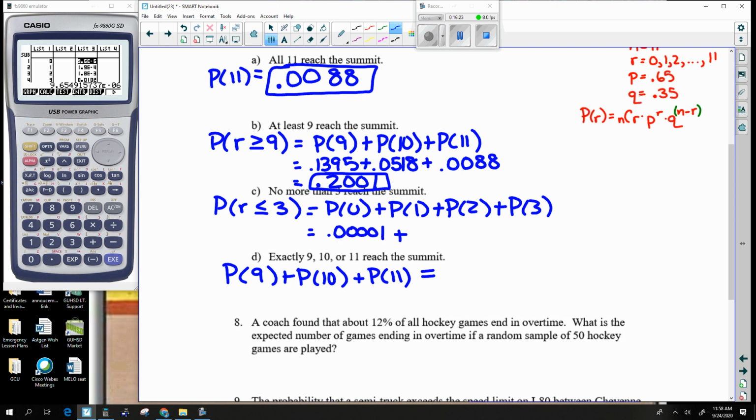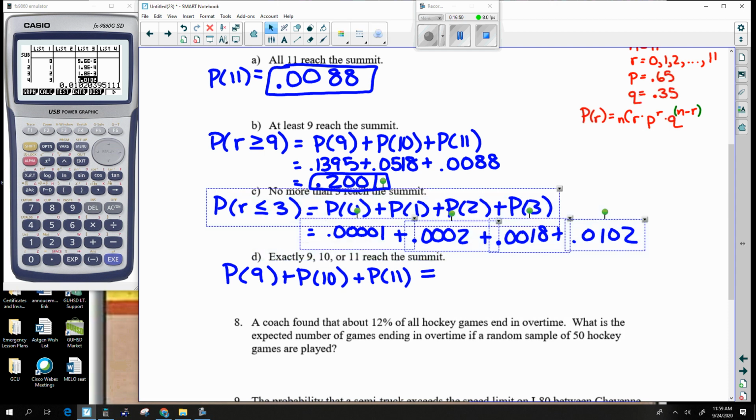Unique situation. Okay, the probability of 1 is 3 zeros and a 1, 9, so 3 zeros and a 2. Probability of 2 is 2 zeros and a 1, 8. And the probability of 3 is 0, 1, 0, 2. It's a little bit smaller so I can fit in my writing here.